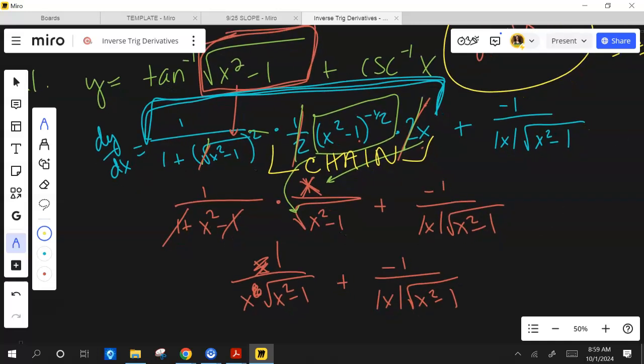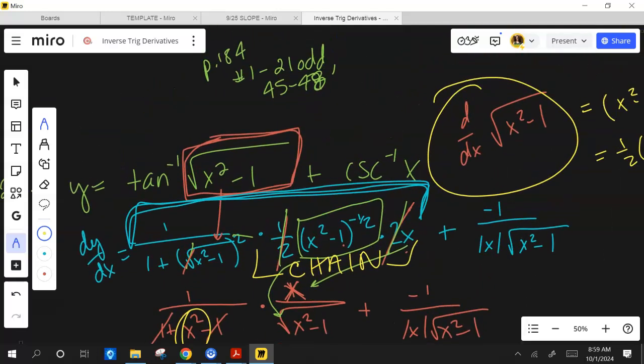What else? I had x over x squared, from that 2x on the end.